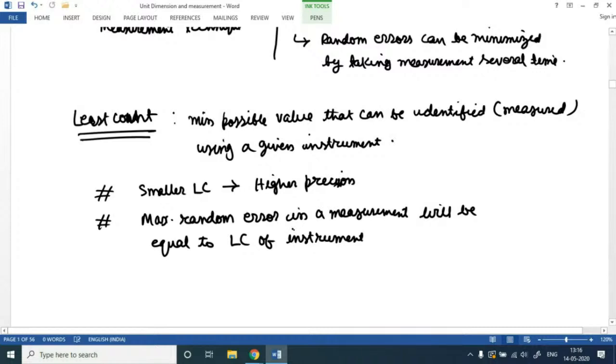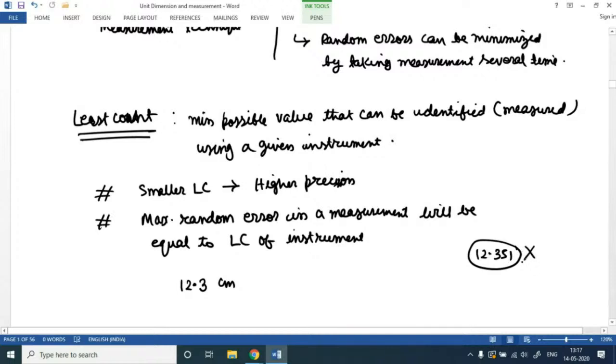Let's say, for example, you are measuring some length, and you are using a meter scale, and let's say you have measured some length to be equal to 12.3 centimeter. You cannot say something like 12.351, etc., because that would be an overstatement. You cannot measure to this much resolution using a meter scale.